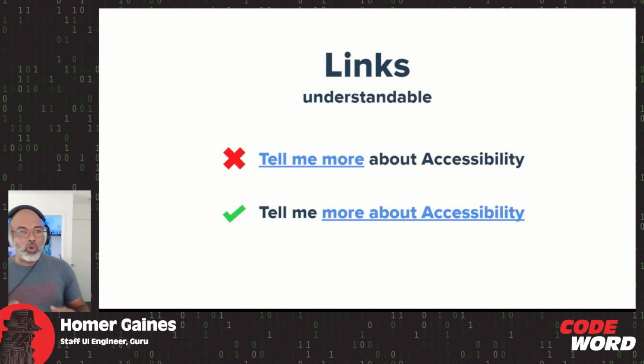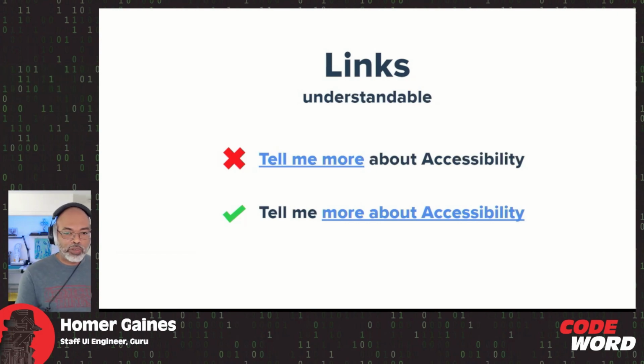We want to avoid leaning into the mechanics of the language or the verbs of the language that we use, such as this example. Tell me more about accessibility. If you were to remove all of the other content, tell me more is the only thing that's left. Tell me more about what?